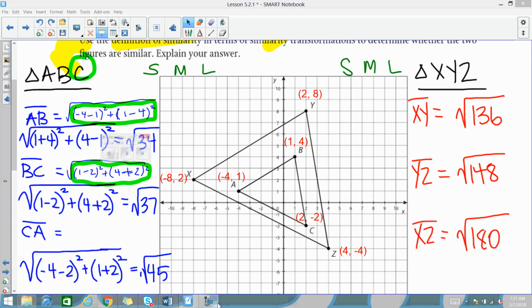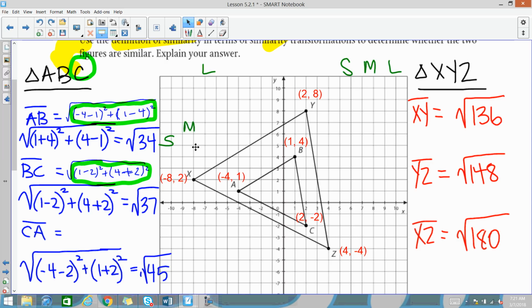What we're going to do is categorize them as small, medium, large. Even though it's a square root, the number underneath the square root determines how big the number is going to be. So square root of 34 is actually the smallest number of the 3 sides in triangle ABC.